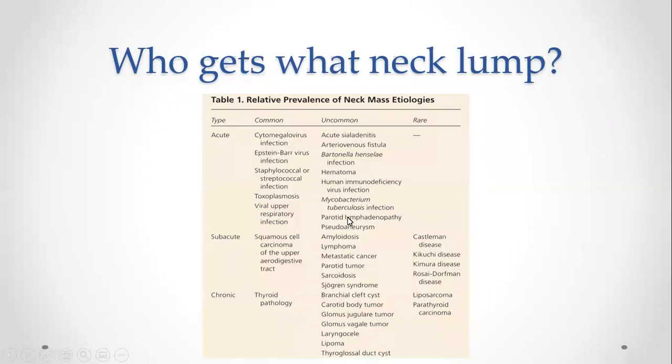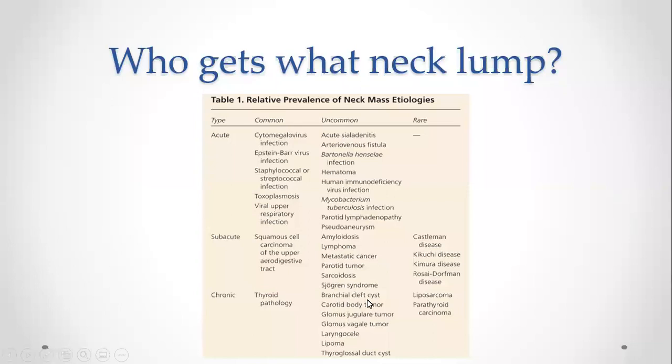Then parotid lesions and aneurysms. These are amyloidosis, lymphoma, metastasis, parotid tumor, sarcoidosis, and Sjogren syndrome, which present like enlarged parotid glands.